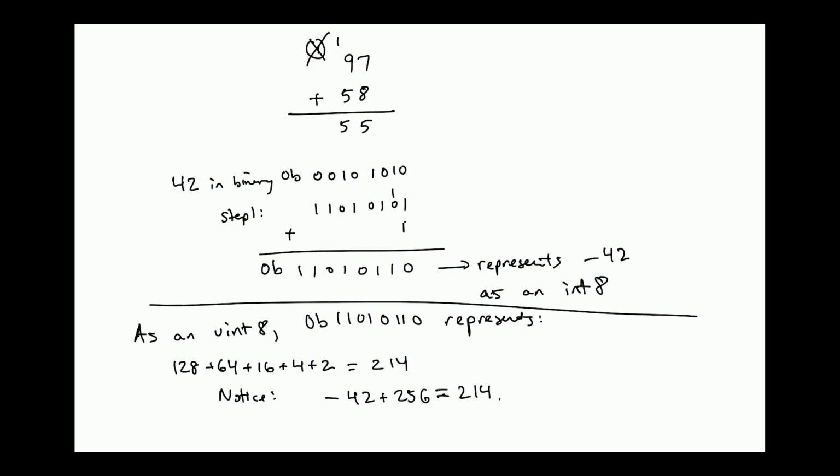How could I test it? By trying to add it to another binary number. And what would be a really good number to test this against? Well, how about 42? Because what should happen if I add 42 to negative 42? I damn well better get 0. And if I don't, then something has horribly gone wrong. All right, so let's do that.